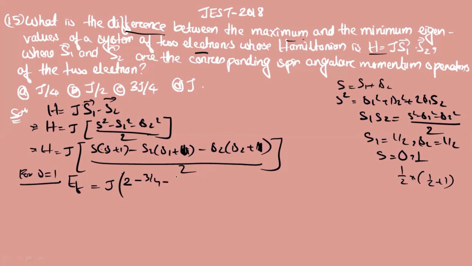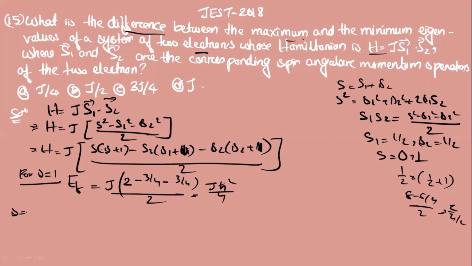Minus again 3 by 4. This entire term divided by 2. So when you do the calculation, it will be 8 minus 6, divided by 4, by 2. So it will give you 2 by 4 by 4. Ultimately you will get J h cut square by 4. Yes or no? 2 and 2 will get cancelled.